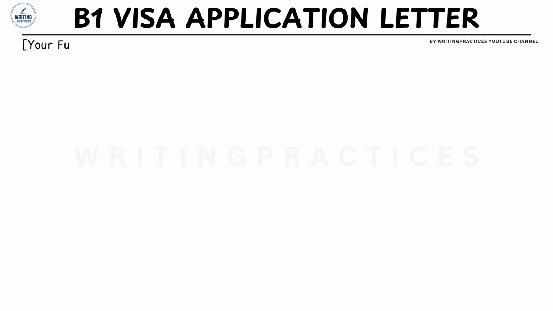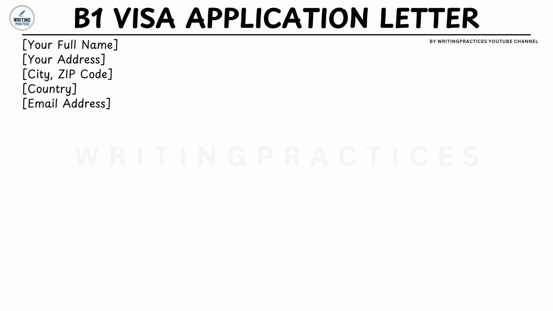Let's begin. Sender's information, identifying yourself. The first section of the letter contains your personal details. This information helps the consular officer identify who you are and how they can contact you if necessary. Make sure to include your full name, your complete address, including city, zip code, and country, your email address, and your phone number.